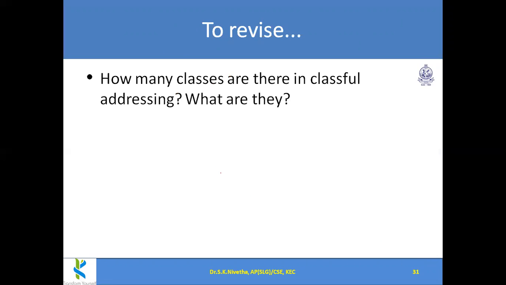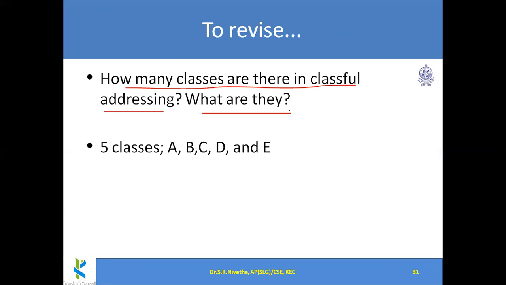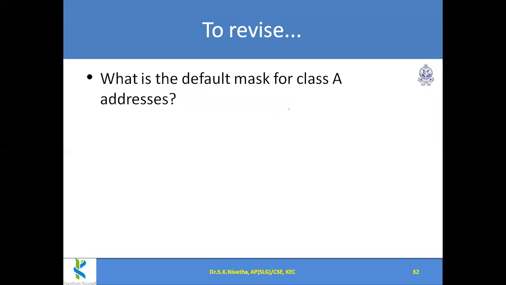Now we shall revise. How many classes are there in classful addressing? What are they? Five classes are there: A, B, C, D, and E. What is the default mask for class A addresses? /8.